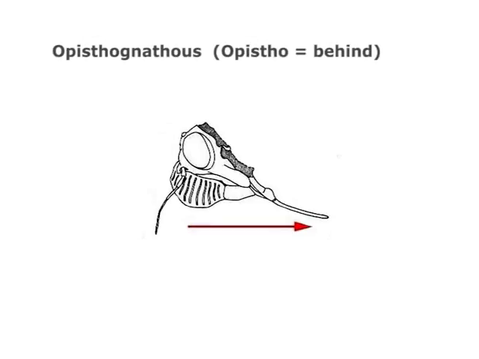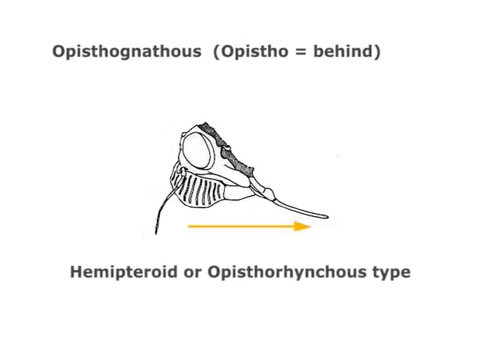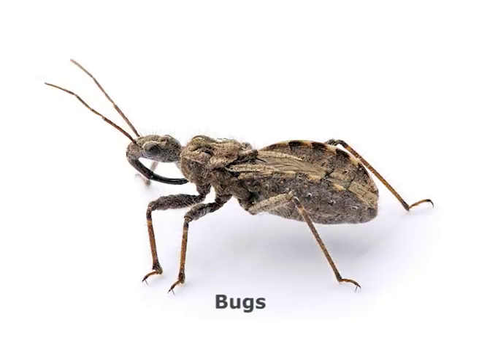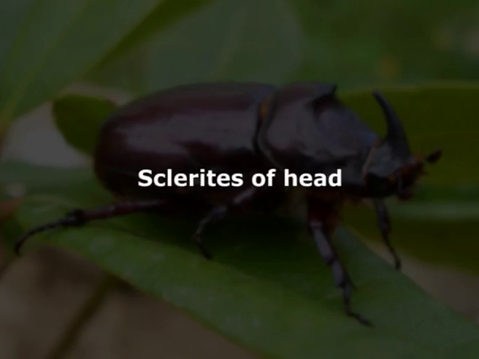Opisthognathous, opistho meaning behind. It is the same as the prognathous, but mouthparts are directed backward and held in between the forelegs. This is also known as hemipteroid or opisthorhynchous type. Example: bugs.